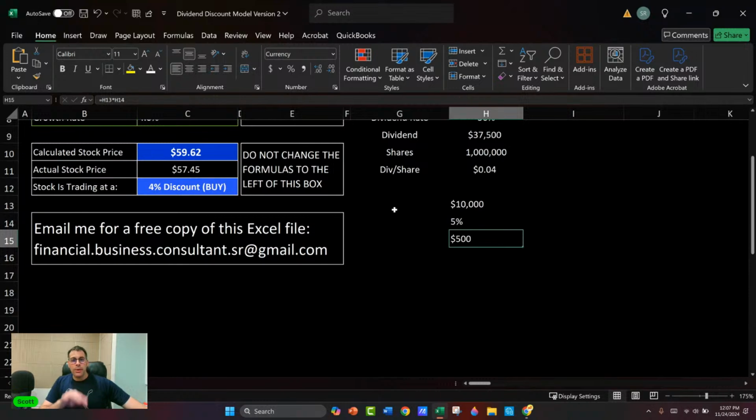So you're guaranteed to get $500 a year in interest from this bond. It depends what interest rates are in the environment, but if this bond was trading at like $7,000 or $8,000, I mean, it would be a steal because you're guaranteed to get that $500 return.